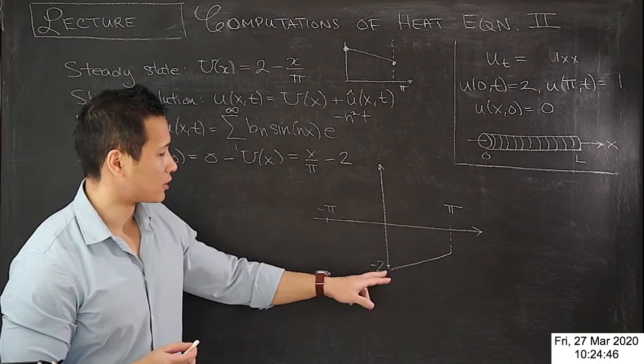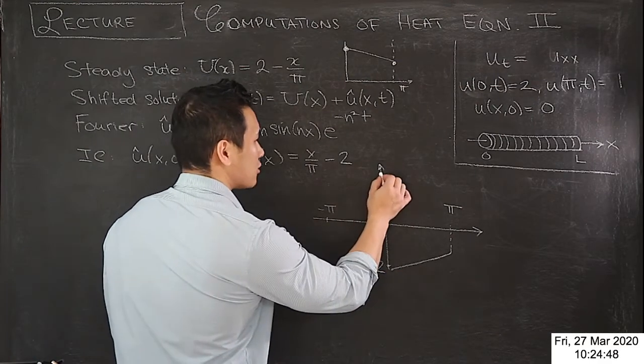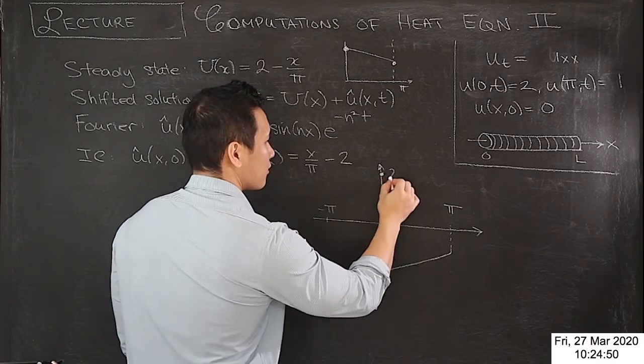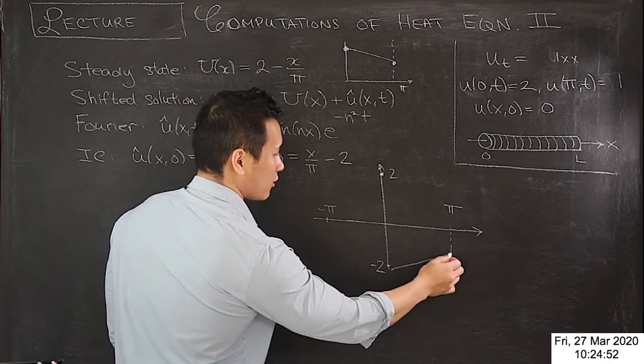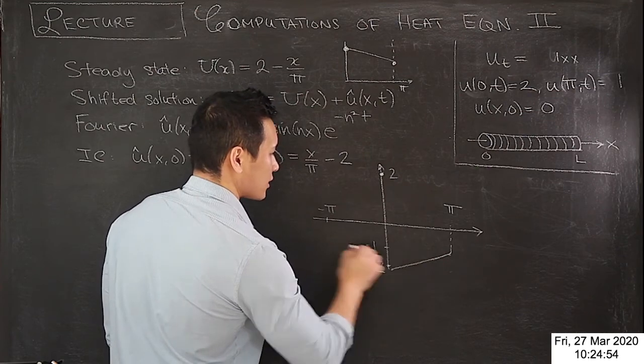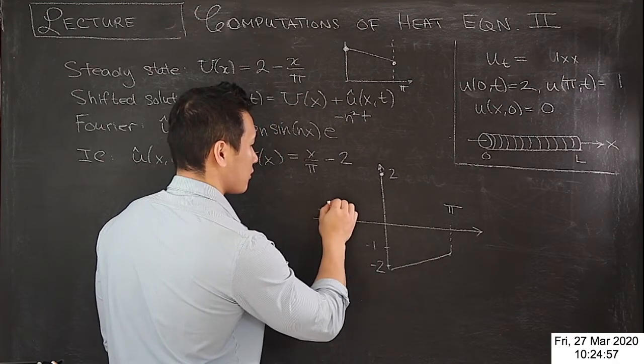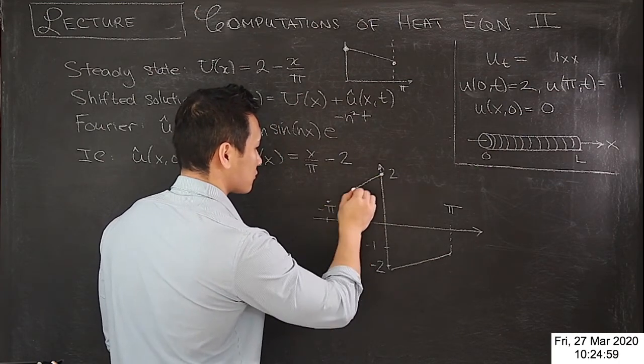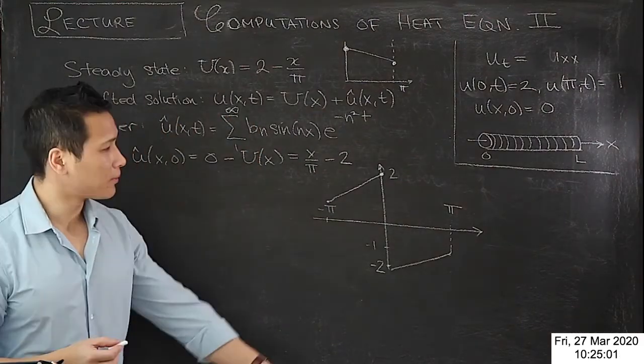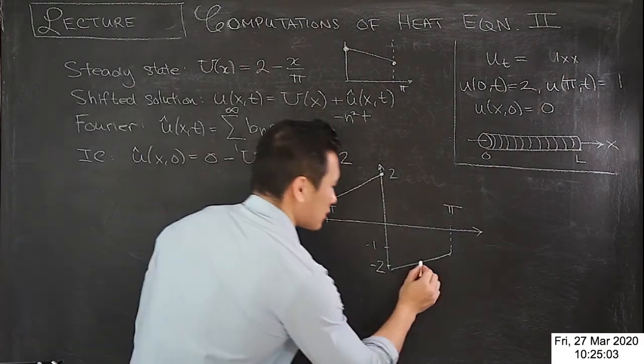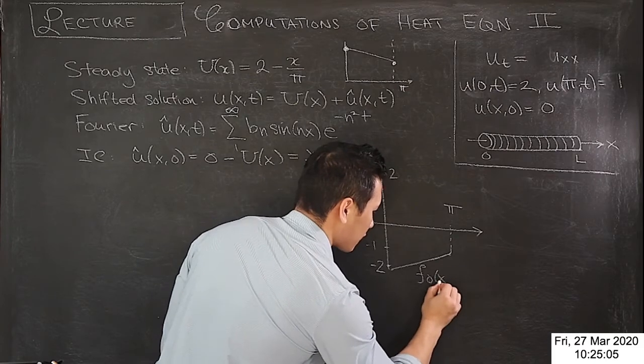So at the origin, instead of -2, it's at 2. And at this point here, instead of -1, it's at 1. So there's your odd extension. This is called F_O of x.